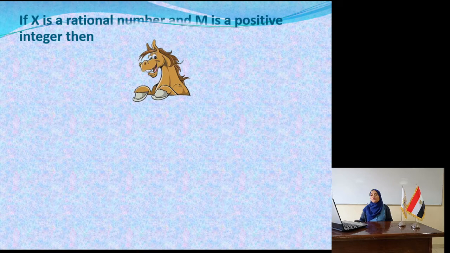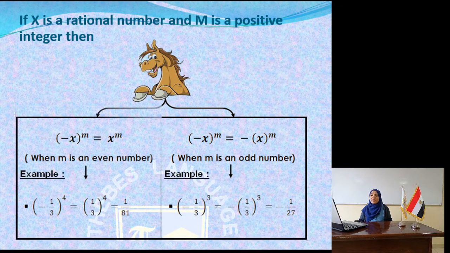If x is a rational number and m is a positive integer, then if we have a negative number raised to an even power, the negative will be changed into positive. When m is an even number, we can write (negative x) to the power m equals x to the power m.